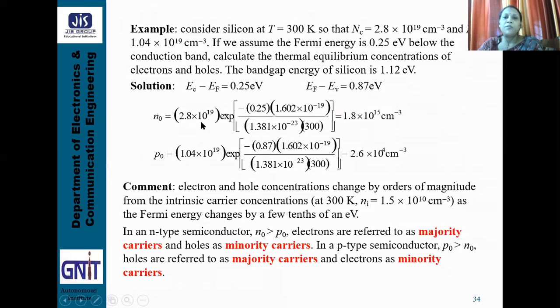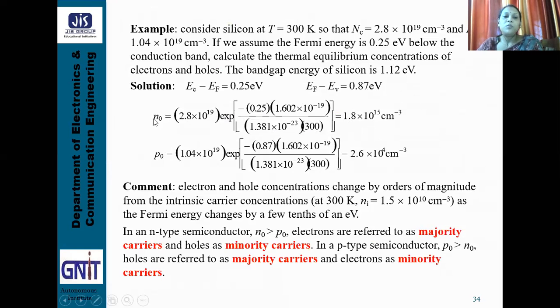So just put in the formula, NC 2.8 into 10 to the power 19, and the exponential with the Boltzmann constant, temperature, electron charge and also the Fermi energy value.